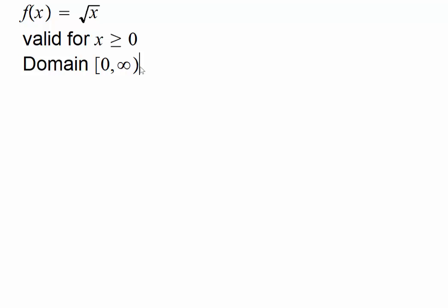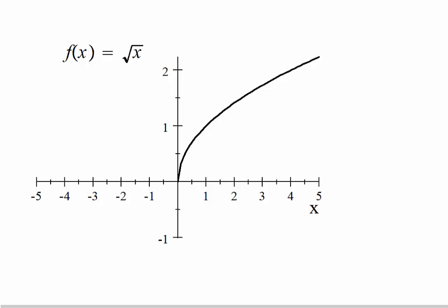So this is the domain, and if you graph this function, you can see that we don't have any output in this direction. The domain of the function is the set of all real numbers from 0 onwards to the right.